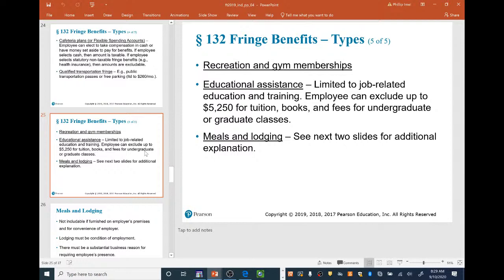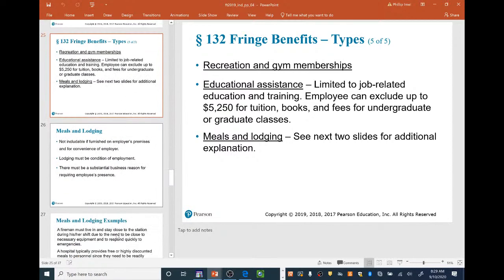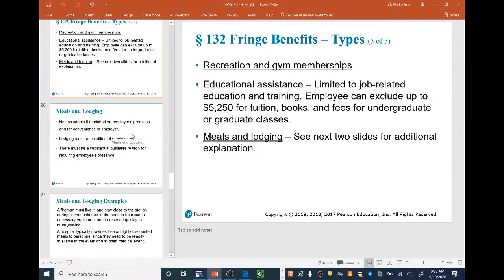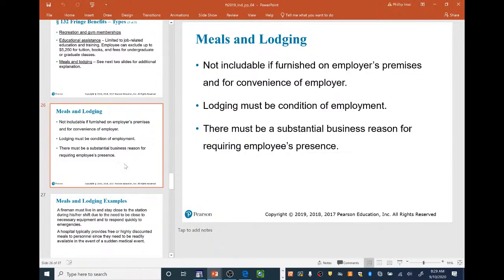The value of the watch, in this case $350, is going to be excluded from gross income. So that's nice. We can receive an employee award without being subject to tax within our gross income. So okay, let's go ahead and get off section 132 now with the fringe benefits and get a little more into the meals and lodging.